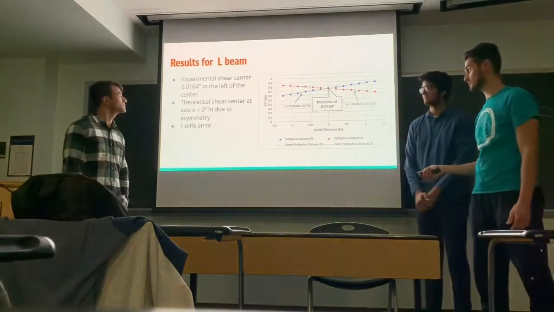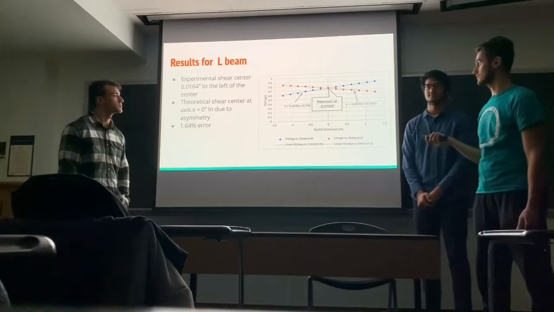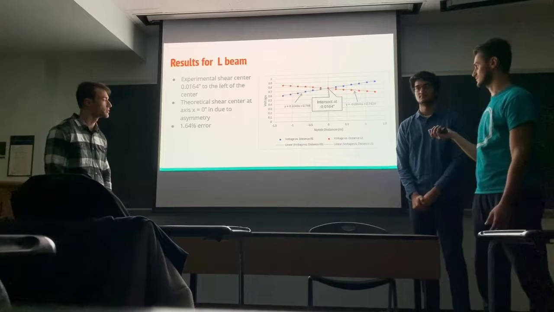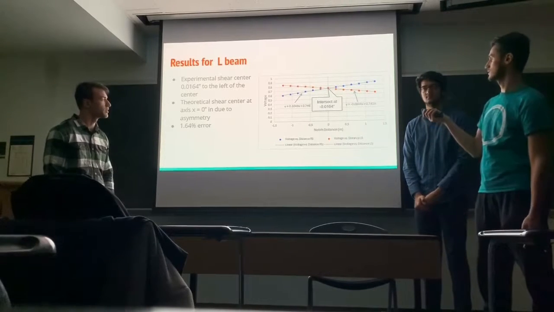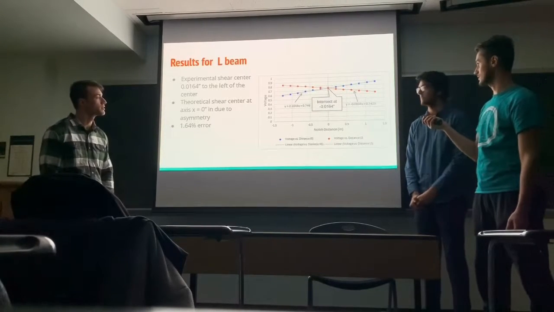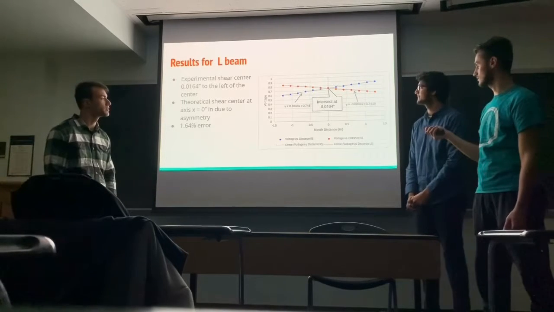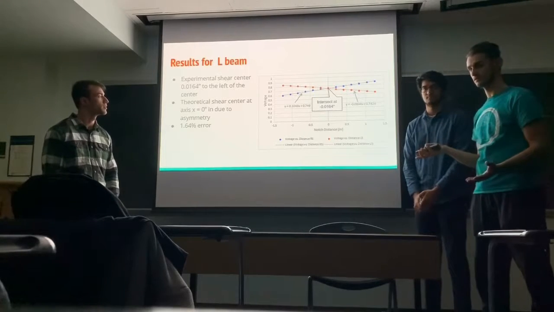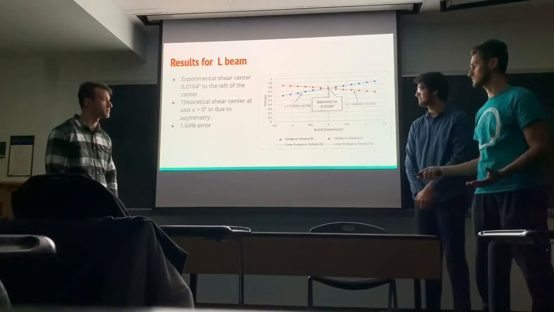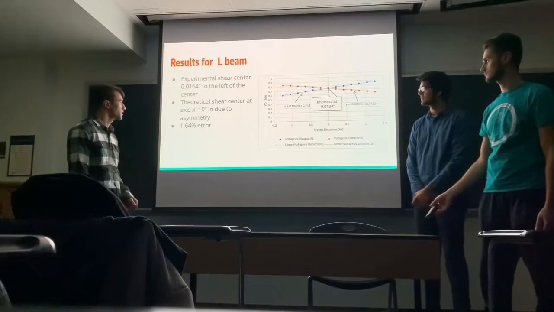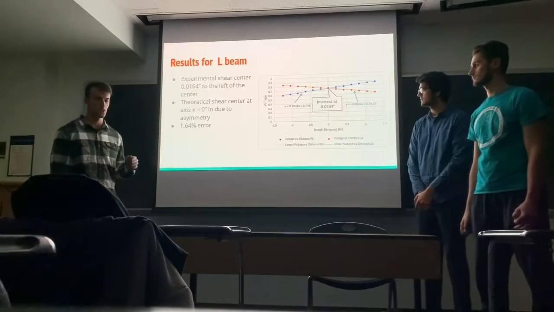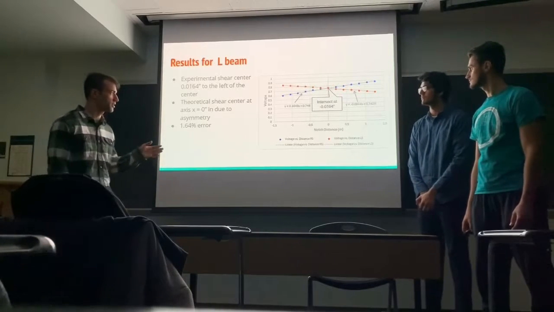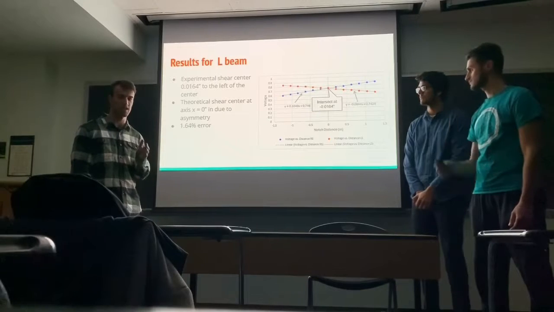Okay, so using similar procedures, we ended up getting the results for the L-beam specimen. We plotted voltage as a function of the notch distance, and the experimental data we had plotted the trend lines, and then we calculated the shear center to be at an intersection point of about negative 0.0164 inches. So given that we got negative 0.0164, that was a little off from our theoretical shear center, which was at the neutral point axis.